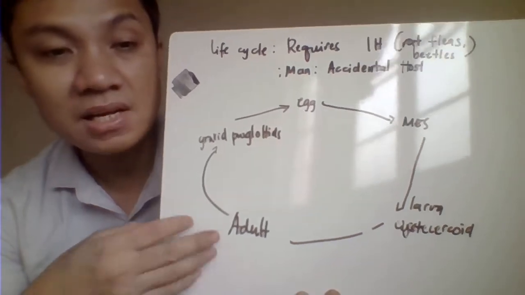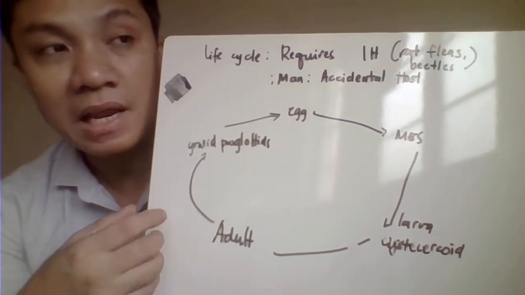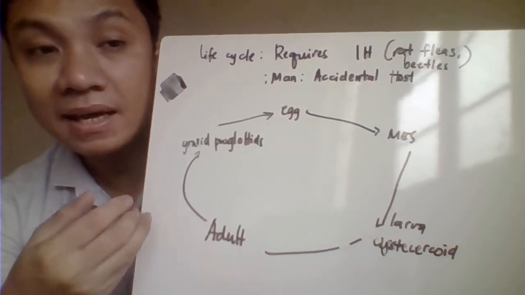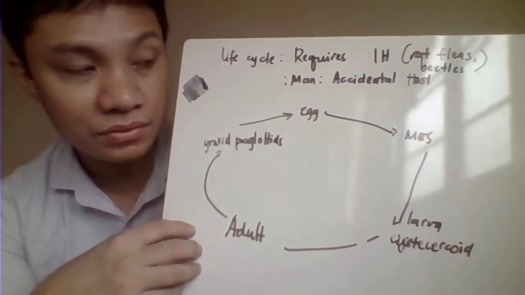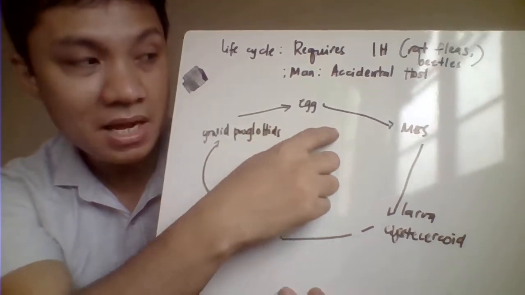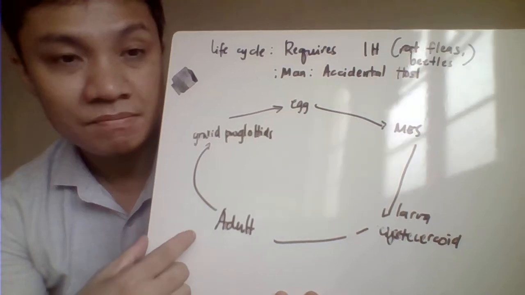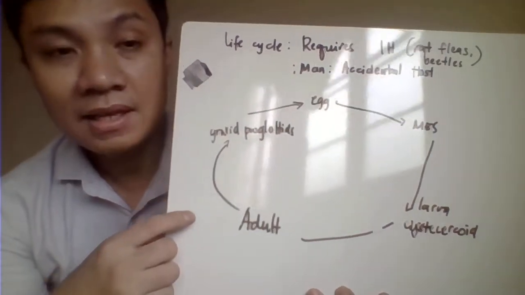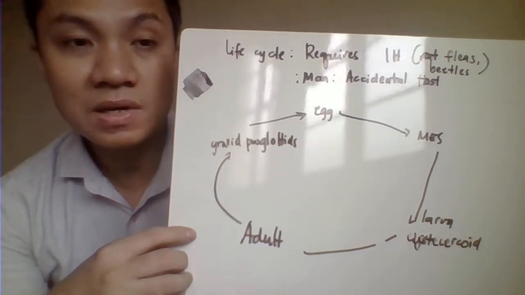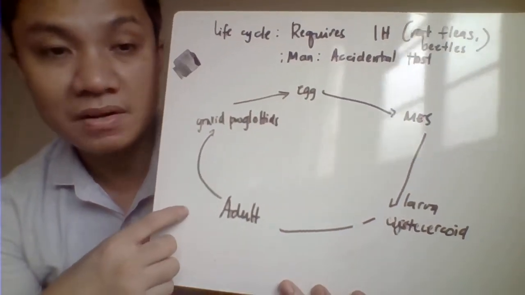Okay, for the life cycle, same life cycle with the indirect life cycle of your Hymenolepis nana, which requires the intermediate hosts. Again, the egg is taken up, going to the stomach of your intermediate host. So that's one, kinain itong egg. Then the ova try to hatch, liberating the hexacanth embryo, which develops to become the larva stage.